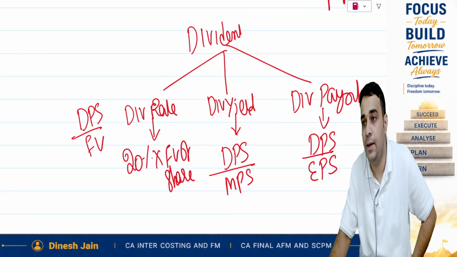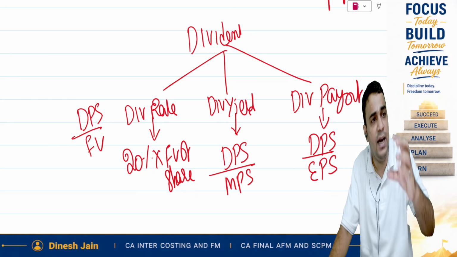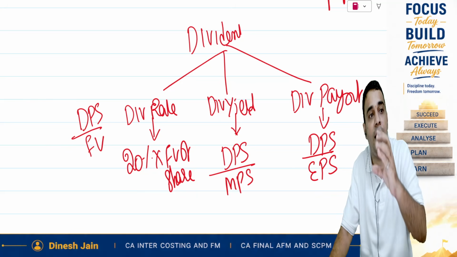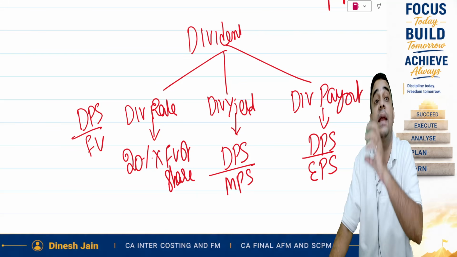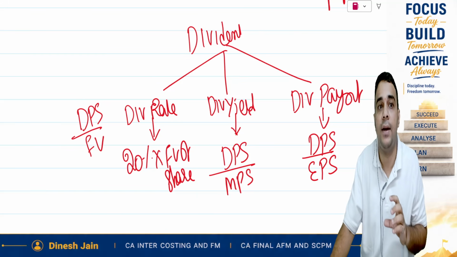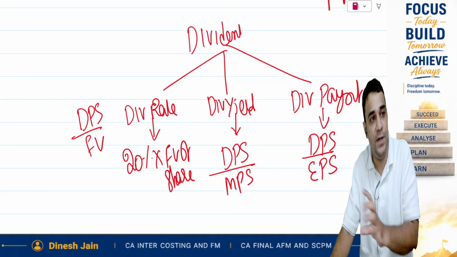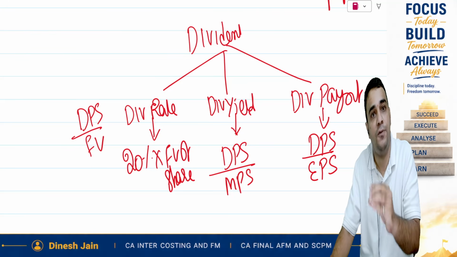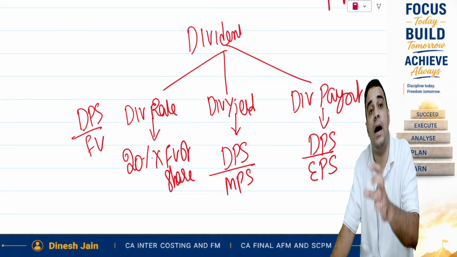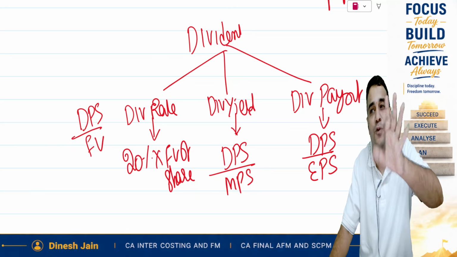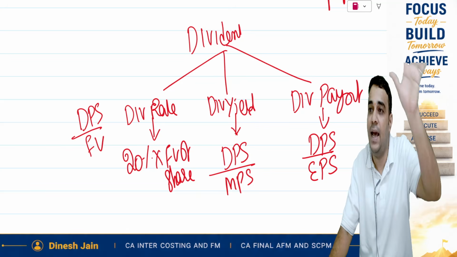So if they mention dividend yield, multiply with market price or the NAV. Dividend payout, if they mention, multiply with earnings per share, which is not there for mutual funds generally, but it will be there when I go to shares.